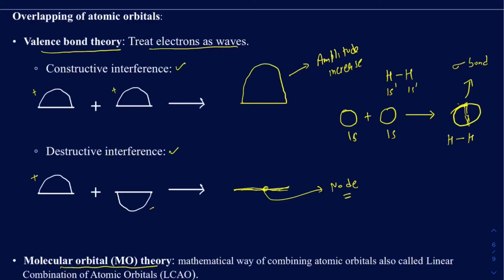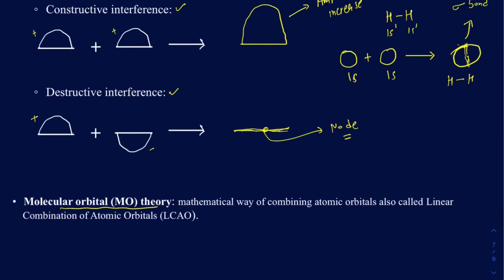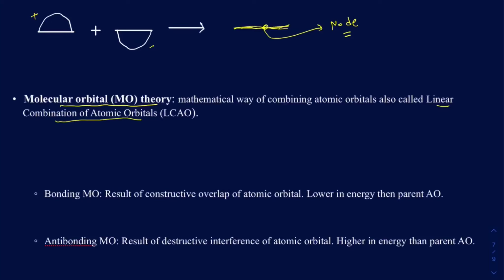The second theory is more of a mathematical way of combining the atomic orbitals. It says mathematically, if you have a total of, let's say, 4 atomic orbitals coming from your atoms, when they do combine together, they will make a total of 4 molecular orbitals.